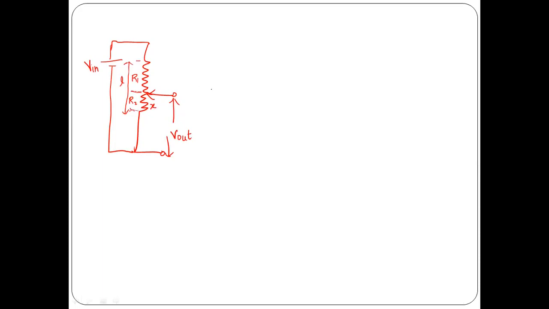According to Ohm's law, we know that V is equal to IR. Here the current through this entire wire is going to be the same. The current through this part and the current through this part is going to be the same. Let's assume this is I1 and this is I2, so I1 is equal to I2. According to Ohm's law, I is equal to V by R. Let's assume I1 is the current through the entire wire.